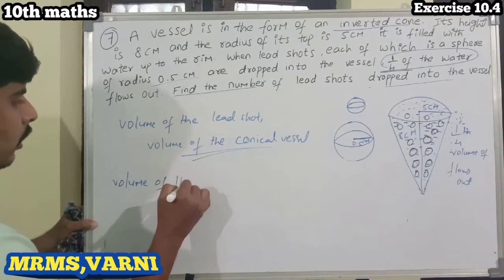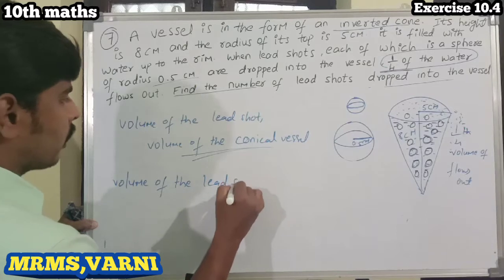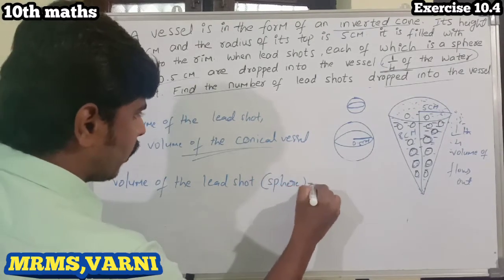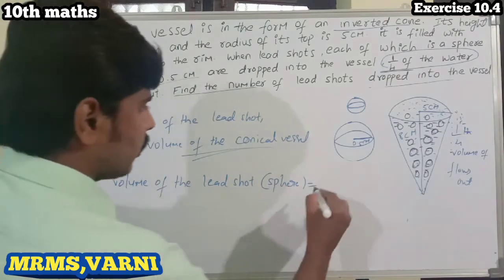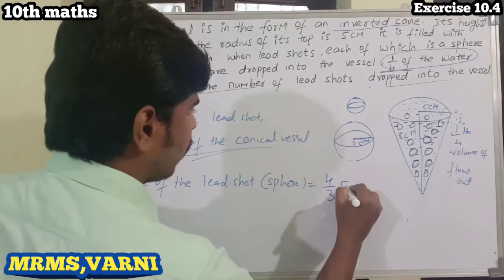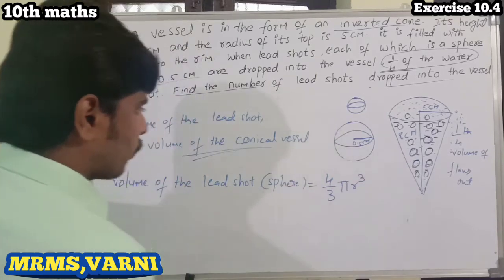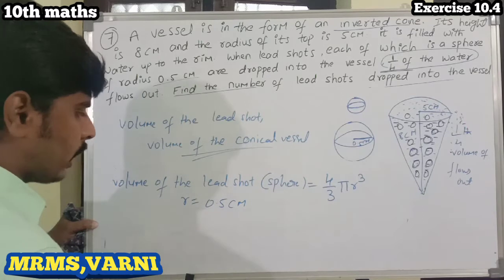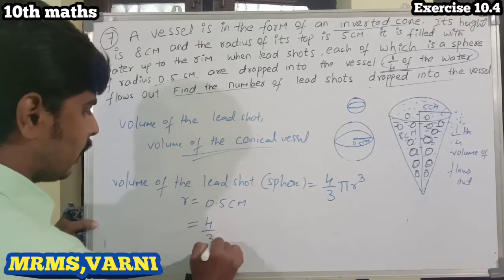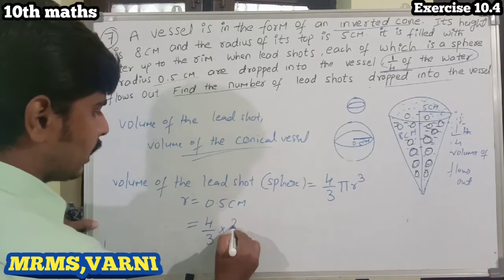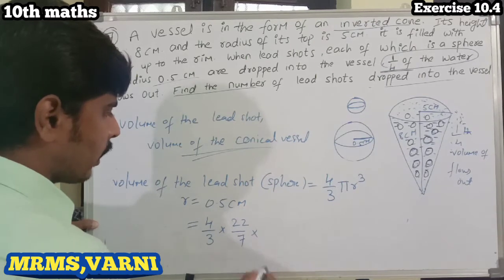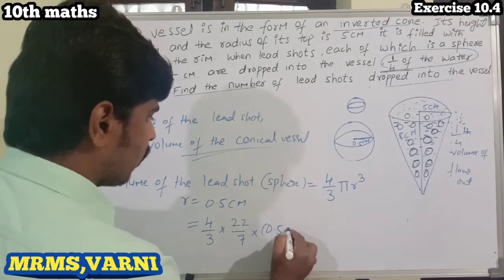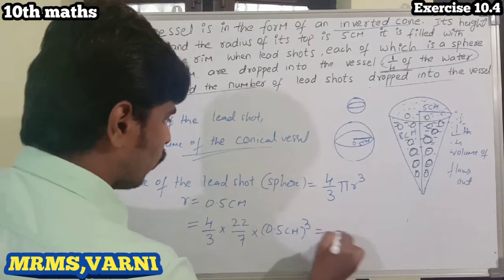Volume of the lead shot, in bracket write down sphere it is. What is the volume of the sphere? 4/3 pi r cube, given r is equal to 0.5 centimeter. So 4/3 into pi is nothing but 22/7 into r value 0.5 centimeter whole cube.